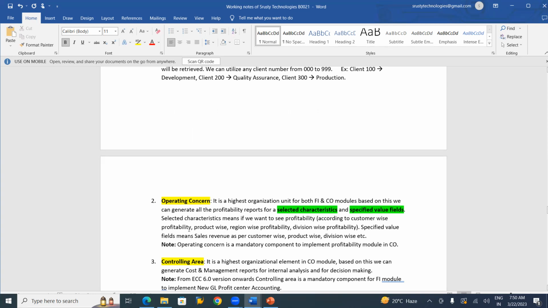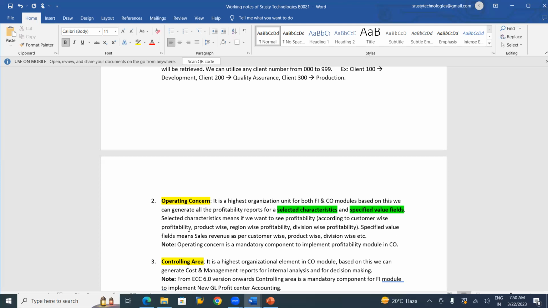Why? Write down. Selected characteristics means, if we want to see profitability, within the bracket you can write it as it is, according to customer-wise profitability, product-wise profitability, region-wise profitability, division, nothing but branch-wise profitability.